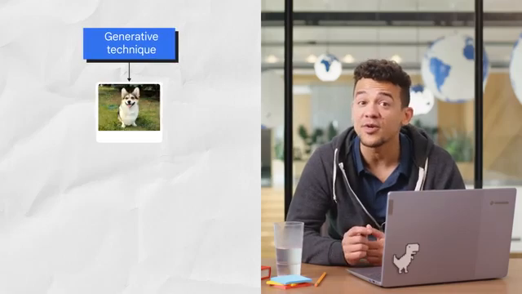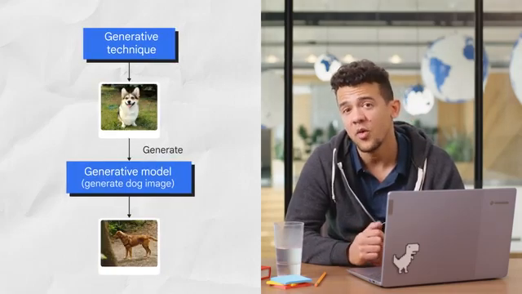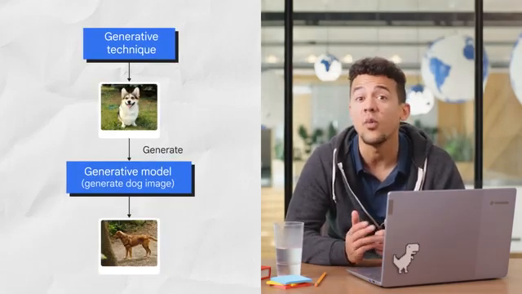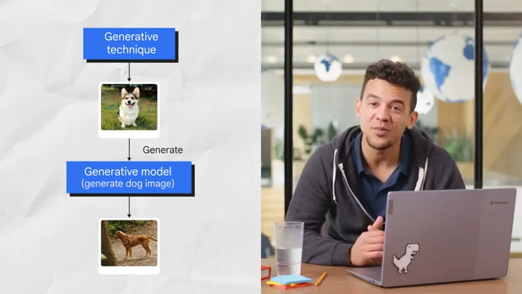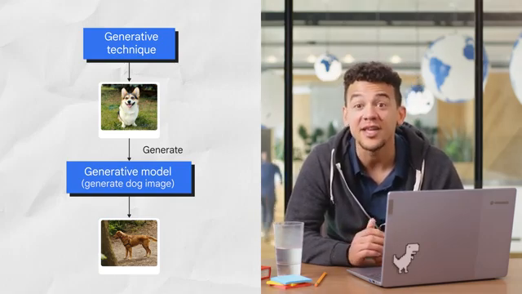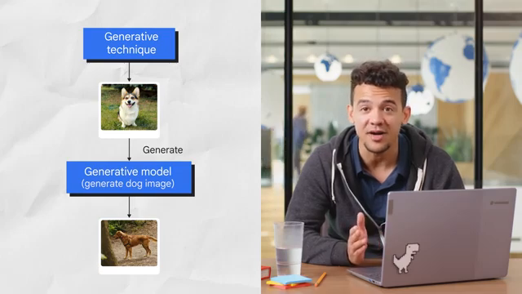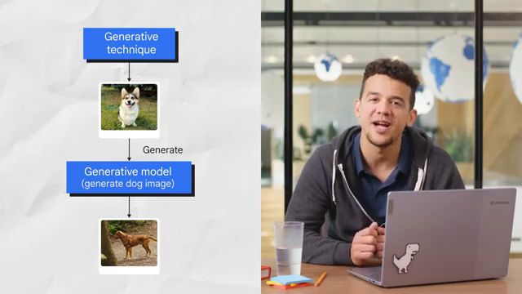The generative model learns the joint probability distribution, or the probability of x and y, p of x, y, and predicts the conditional probability that this is a dog, and can then generate a picture of a dog. Good boy. I'm going to name him Fred. To summarize, generative models can generate new data instances, and discriminative models discriminate between different kinds of data instances.